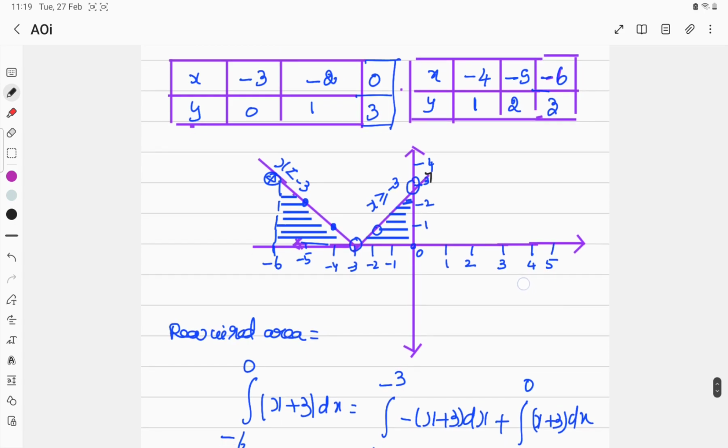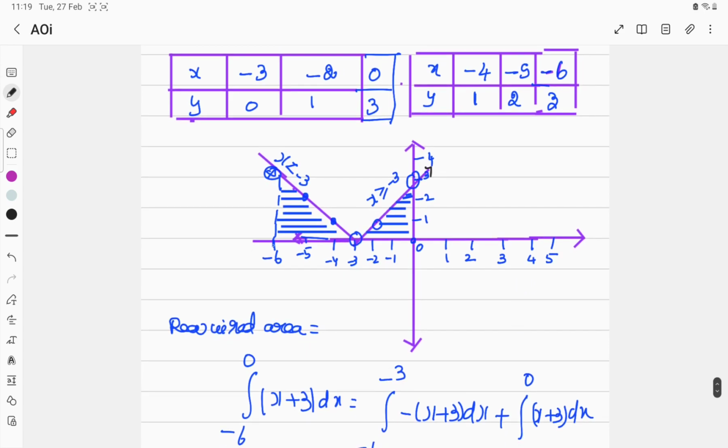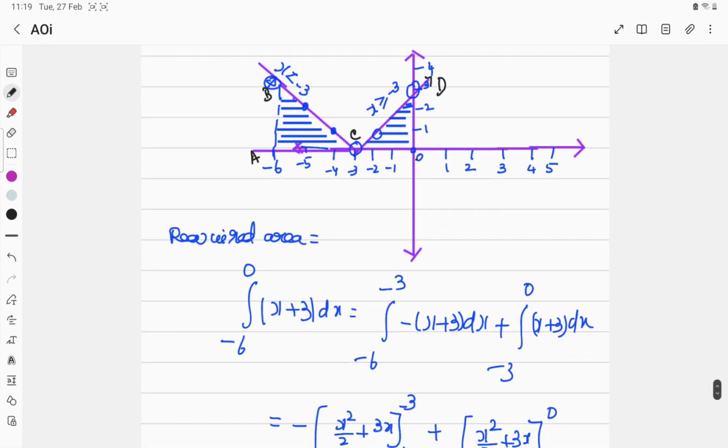So required area is from minus 6 to 0, split as minus 6 to minus 3 and minus 3 to 0. So area CBAC plus area CODC.